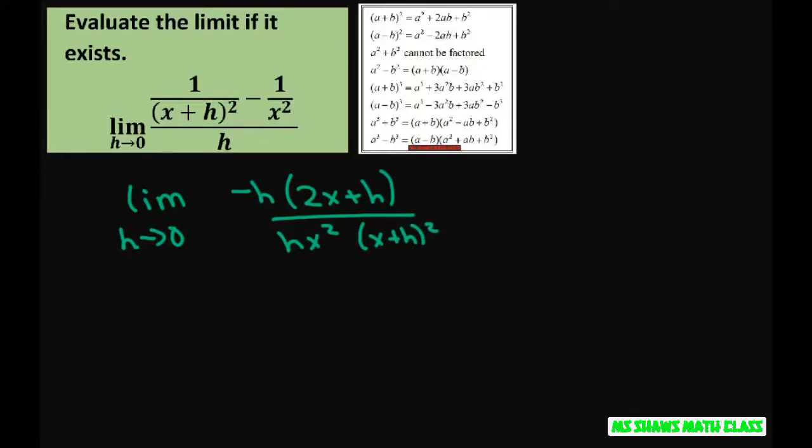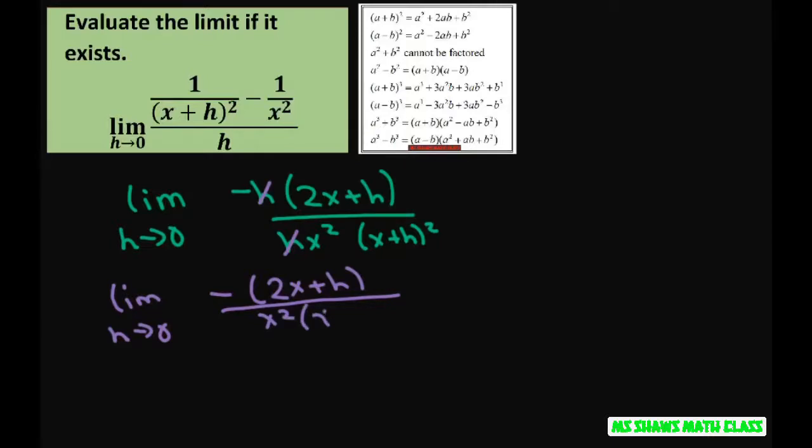So what happens is, again, our h can't be 0, but we can cross this out. And now we're going to have, make sure you write the limit as h approaches 0 of negative (2x plus h) divided by x squared times (x plus h) squared.